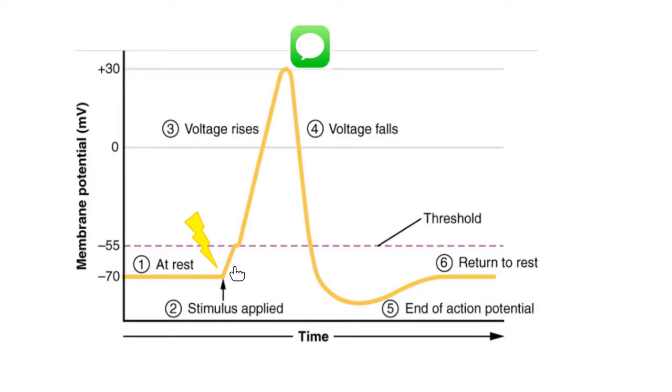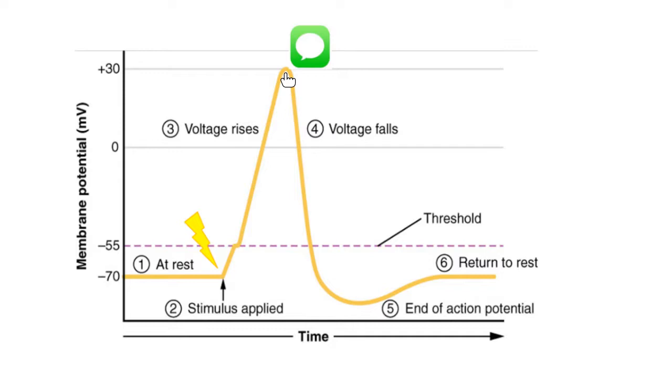If I opened up enough of those chemically gated sodium channels down here that I hit threshold, now voltage gated channels will open up, and they are all the way open. Kind of think of it like a fire hose. All the sodium rushes in all at once until we get all the way up here to positive 30.